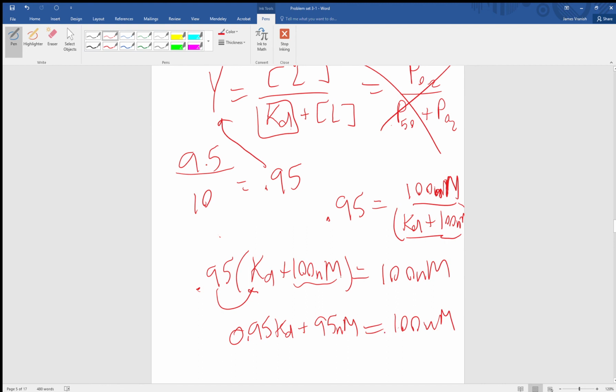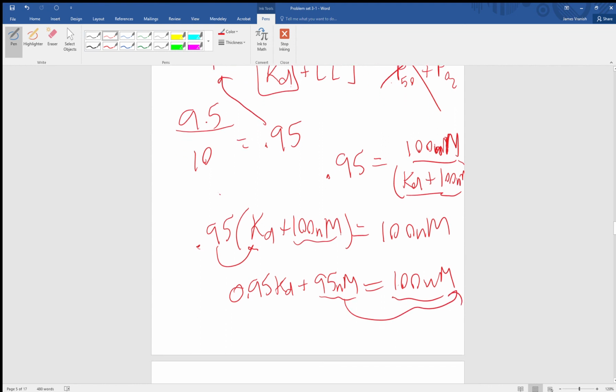We now want to subtract 95 nanomolar from both sides, so we're going to move this over by subtracting. What we end up with now is 0.95 times KD is equal to 5 nanomolar.